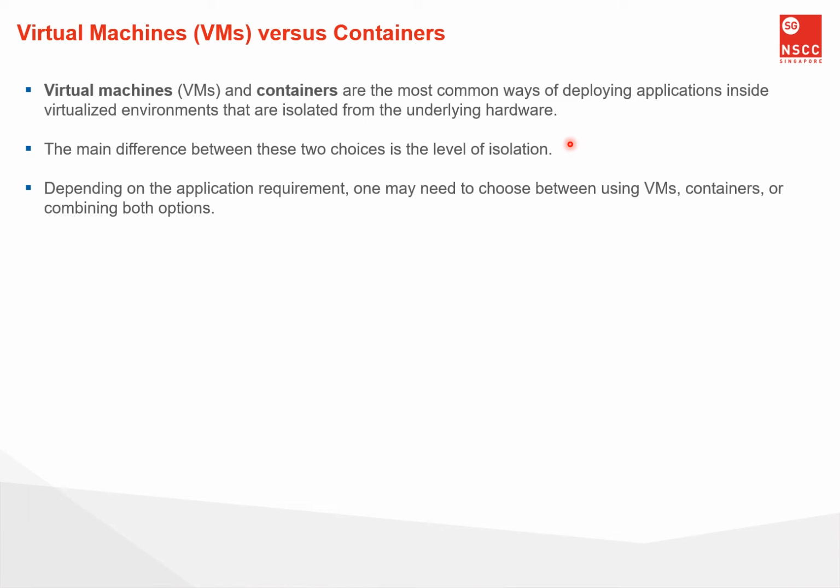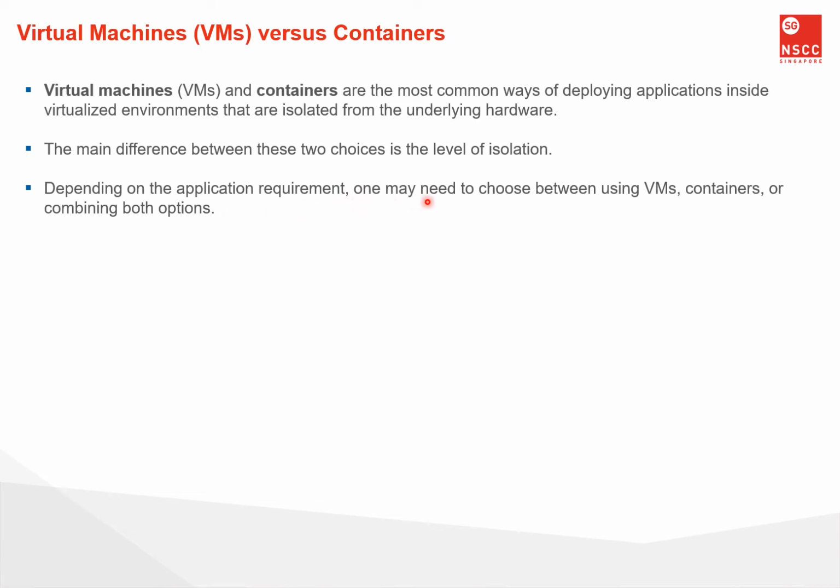So the underlying hardware may have a Linux operating system running on it, and because of the virtualization layer within each of the virtual machines, we may be running one virtual machine running Windows, another running maybe Mac OS, or yet another running Linux or Windows Server OS. So the level of isolation is complete enough for you to run different operating systems in each of these virtual instances.